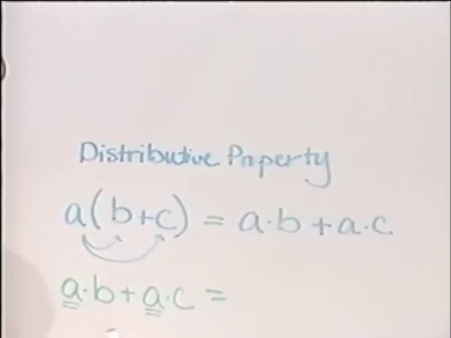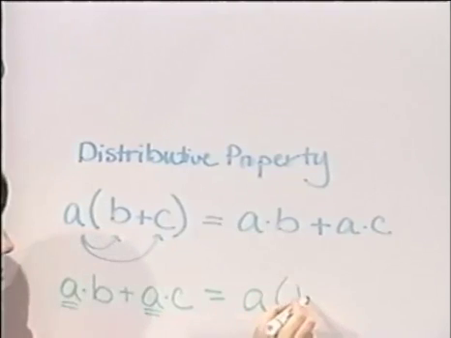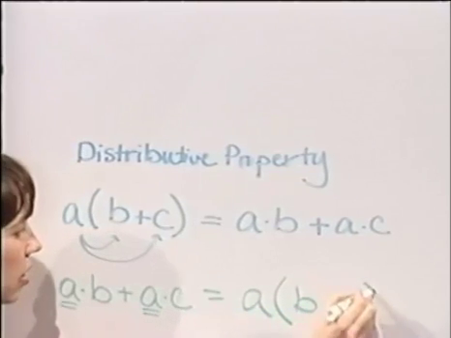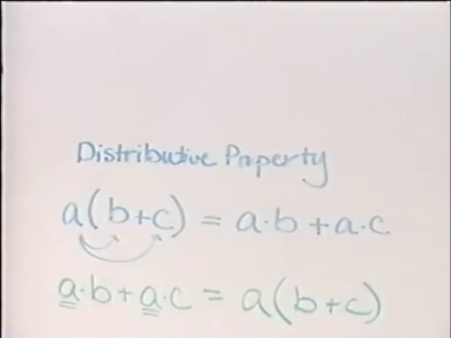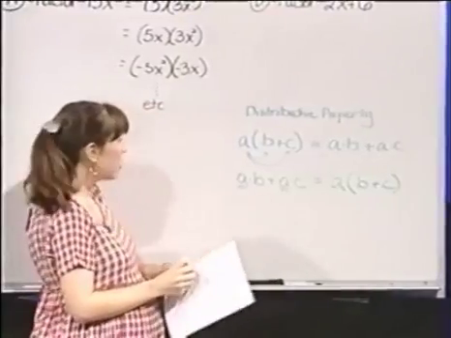I can take out the A from both of those quantities, and what I'm left with in the parentheses has to be B plus C. So we're going to use the distributive property in the reverse order to factor the polynomial 2x plus 6.